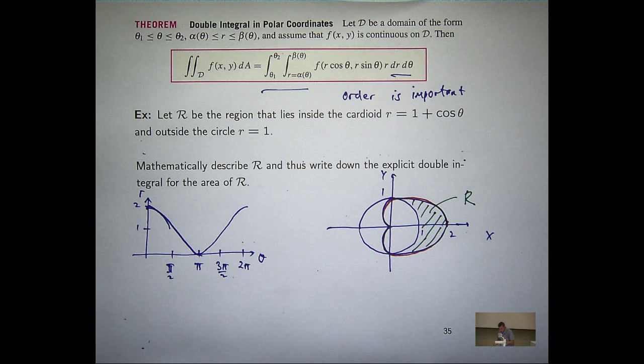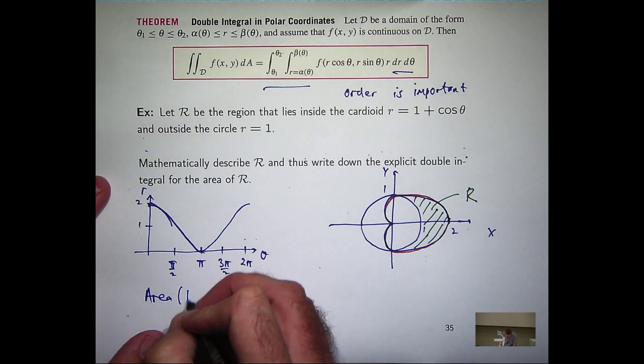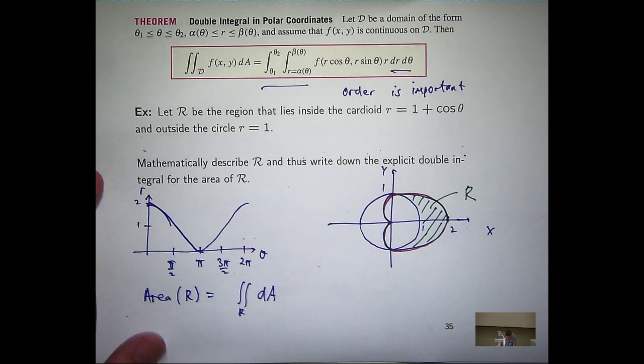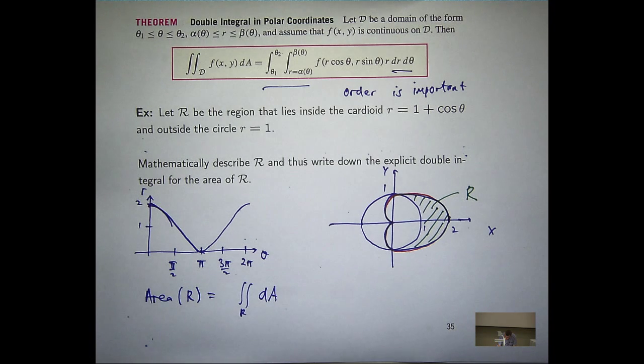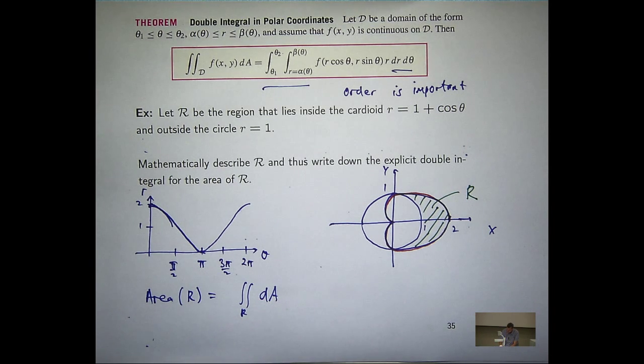Now this is important because we want to determine the limits of integration. We know that the area of a region is just the double integral of dA, or a double integral of 1 over the region. Now, if I go to polars, I've got to replace this dA with r dr d theta. But what about the limits of integration?